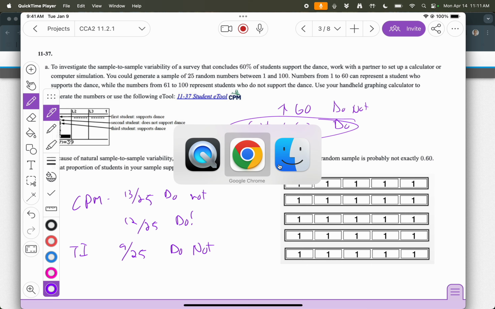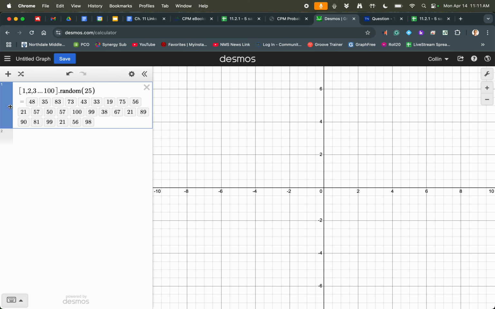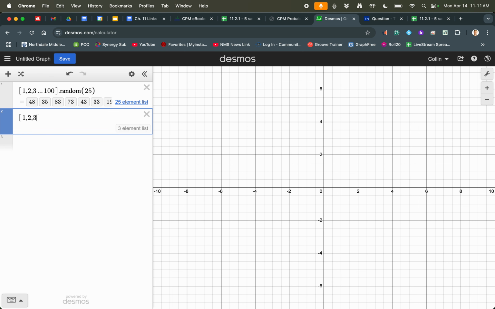And then the last way that I'm going to show you here is in Desmos. So here, that same formula, you're just going to say, hey, pick random numbers that are between 1 and 100. And I'm going to put this dot, say, hey, pick random numbers, and I want 25 samples of that, and you'll get your 25 element list. I already have that, so I'm not going to worry about it.